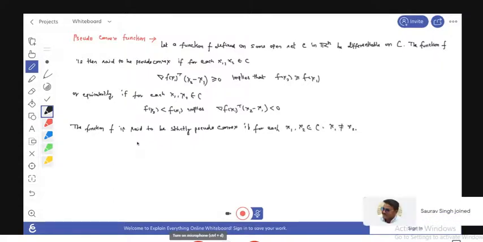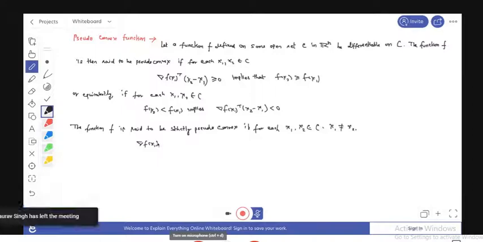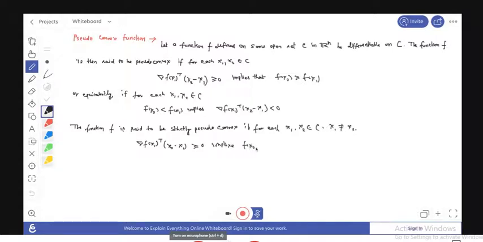And this condition is satisfied: gradient of f(x1) transpose (x2 minus x1) is greater or equal to 0, implies f(x2) is greater than f(x1).